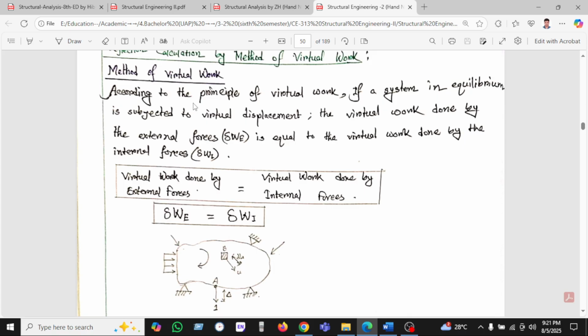According to the principle of virtual work, if the system in equilibrium is subjected to virtual displacement, the virtual work done by the external forces is equal to the virtual work done by the internal forces.